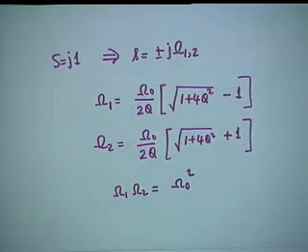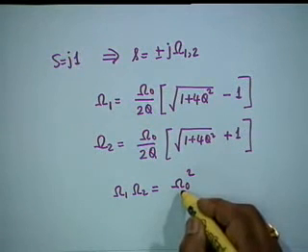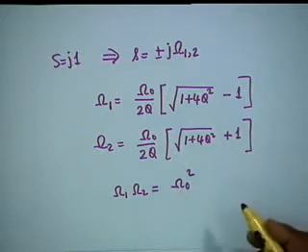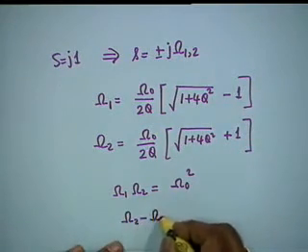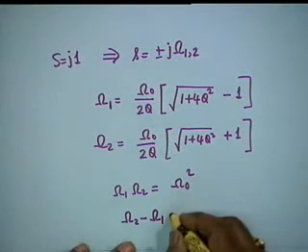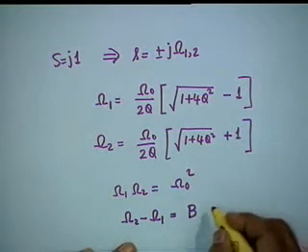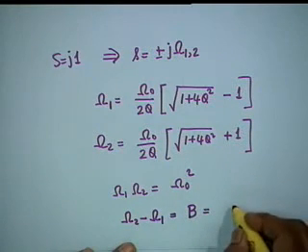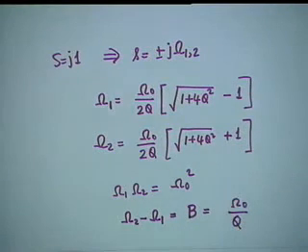In other words, the two frequencies, the two passband edges of the bandpass filter have geometric symmetry with regard to the center frequency omega 0, all right, and omega 2 minus omega 1, which is the bandwidth, we shall call this capital B, is simply equal to omega 0 divided by q.